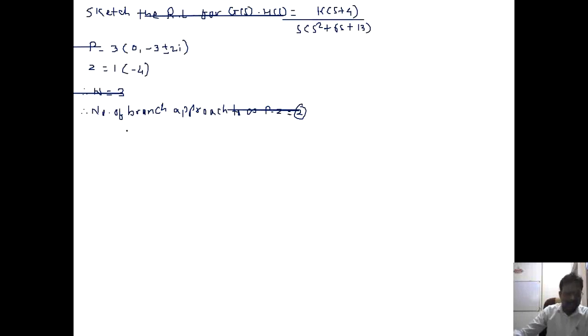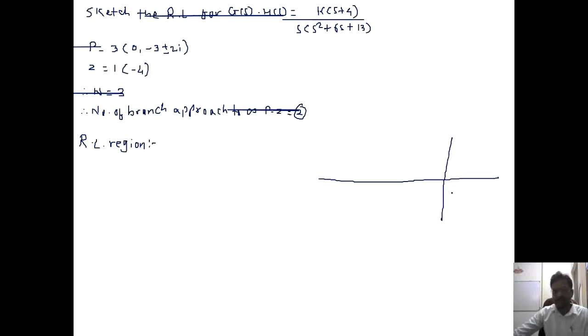Next part is the root locus region. Consider this as the S-plane.